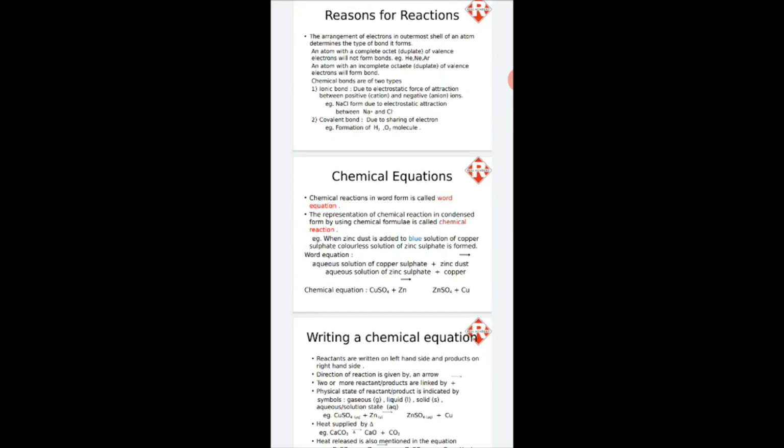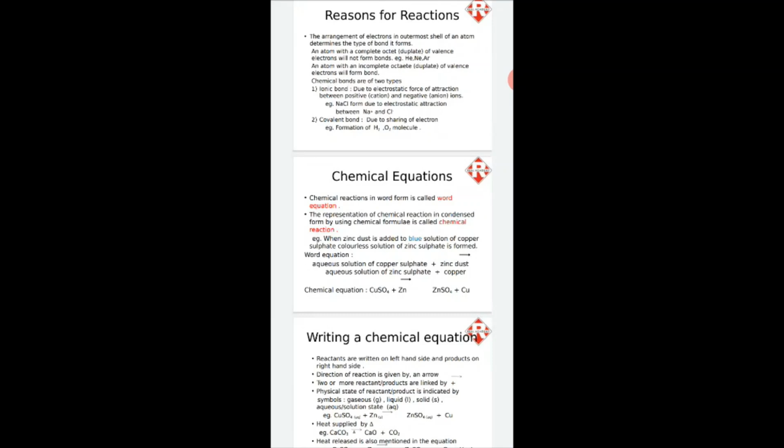First, ionic bond: due to the electrostatic force of attraction between positive cations and negative anions. Here you are given one example: sodium chloride, NaCl, forms due to the electrostatic force of attraction between Na+ and Cl- ions.